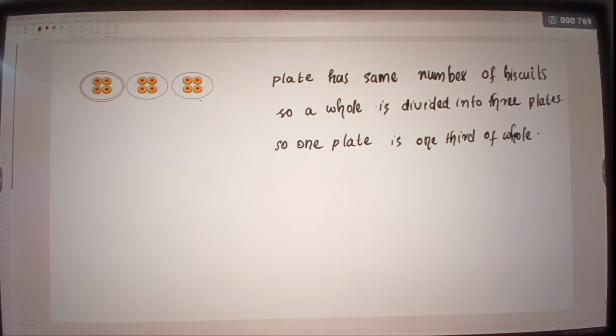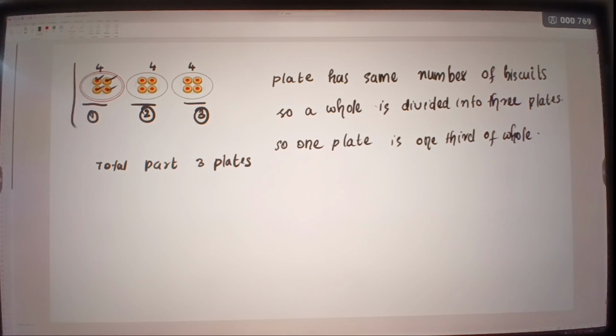Now look at this. We can see 3 plates: 1, 2, 3. These 3 plates have the same number of biscuits: 4, 4, and 4. So the total number of parts here is 3 plates.